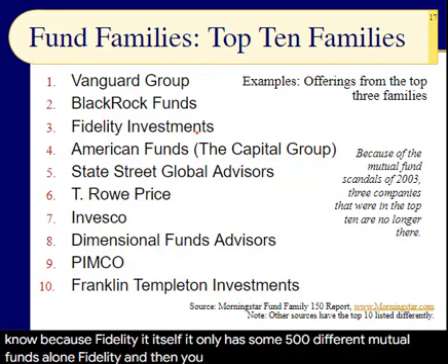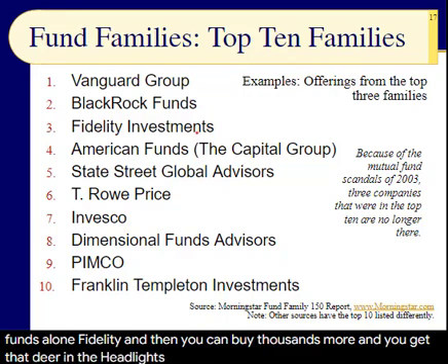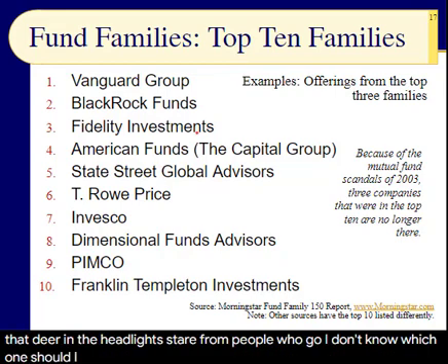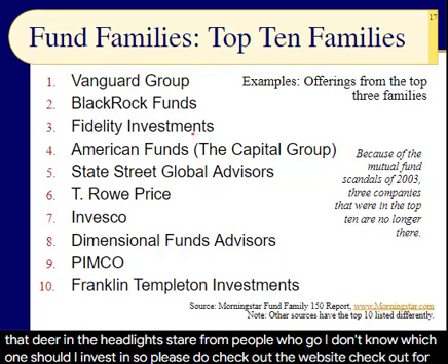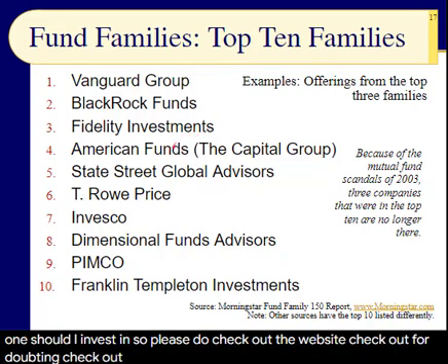And then you can buy thousands more. And you get that deer in the headlights stare from people who go, well, I don't know, which one should I invest in? So please do check out the website, check out Fidelity. Check out Vanguard, check out American, T. Rowe Price. Who else? I have Franklin Templeton.